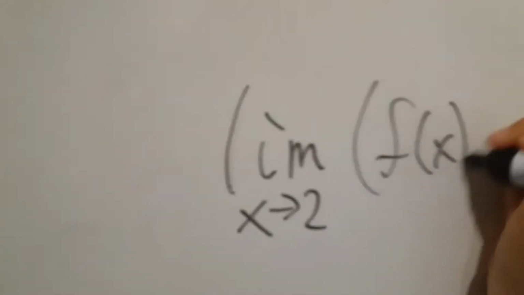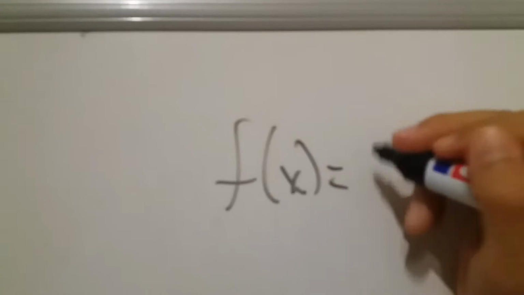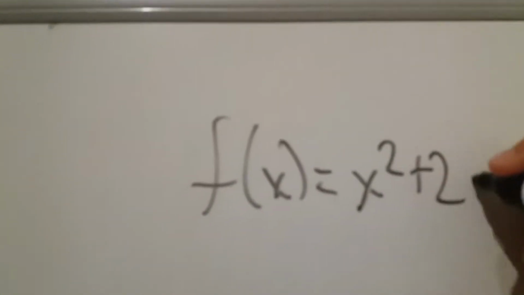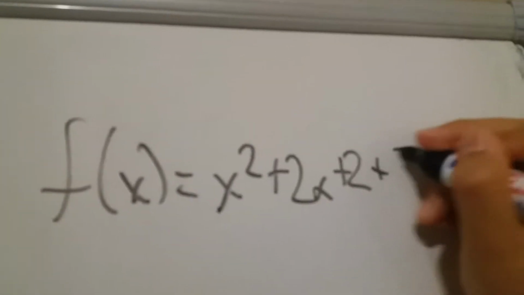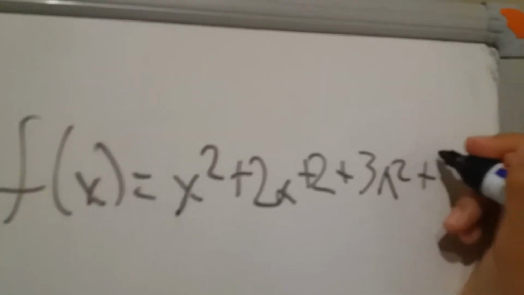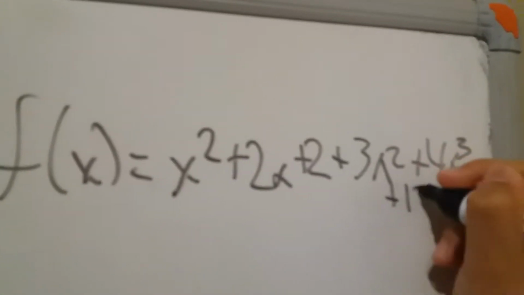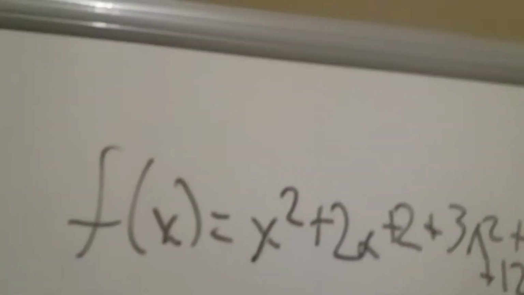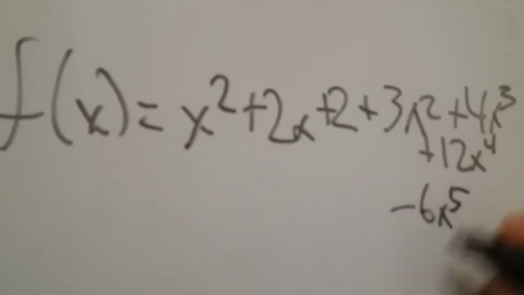f of x. And I'm going to define f of x to be x squared plus 2x plus 2 plus 3x squared plus 4x cubed plus 12x to the fourth power minus 6x to the fifth power.